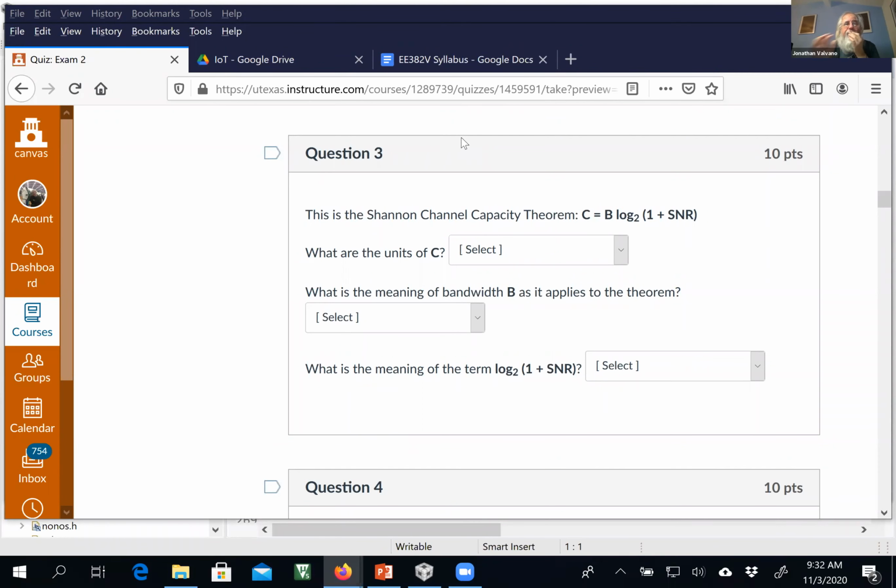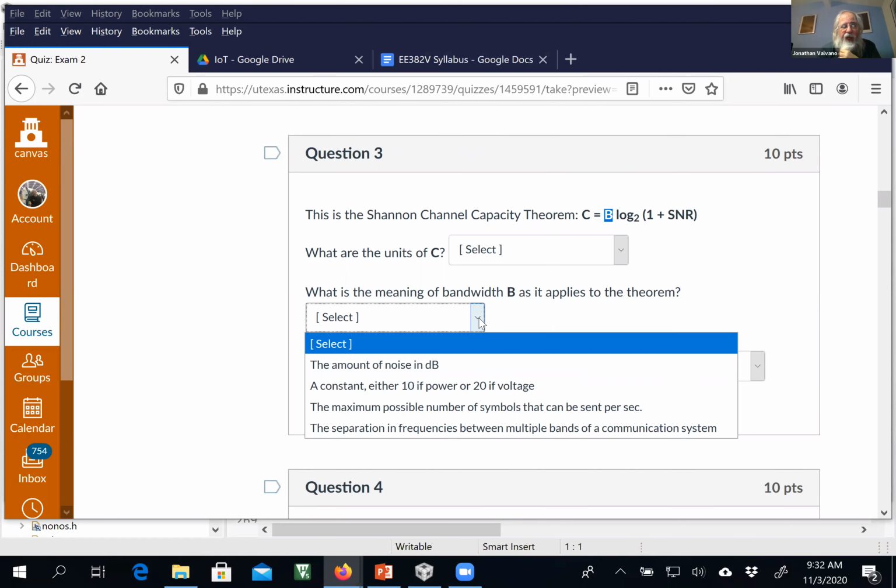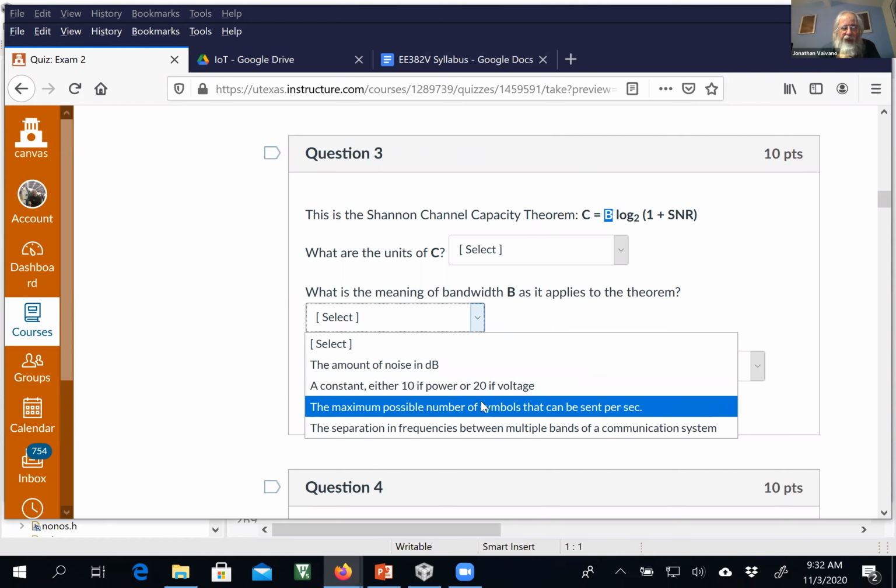If you divide this into two parts, whatever B is, it defines the number of symbols per second. Now, some of you said the separation between frequencies. That may not be false, but what I was looking for was the rationale in the proof of this theorem.